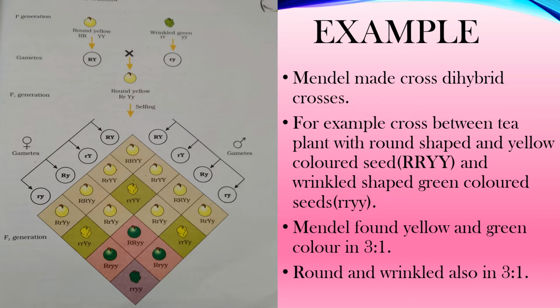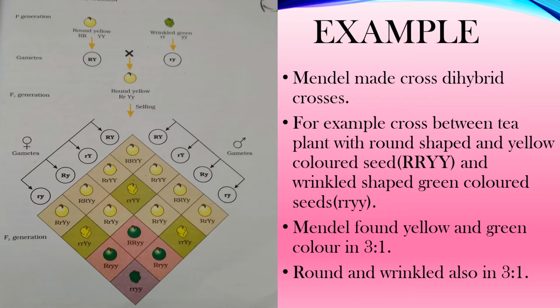So he crossed these two plants. In the F1 generation, according to the law of dominance, the dominant characters were expressed. Round and yellow both were the dominant characters, and green and wrinkled were not expressed, means these were the recessive characters. So in the F1 we will get round and yellow seeds.